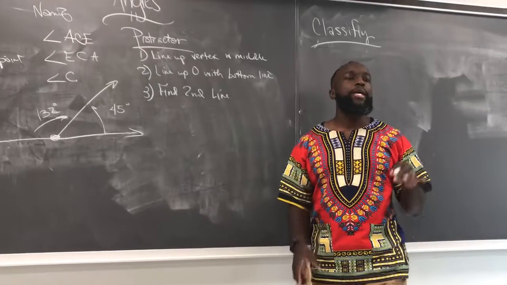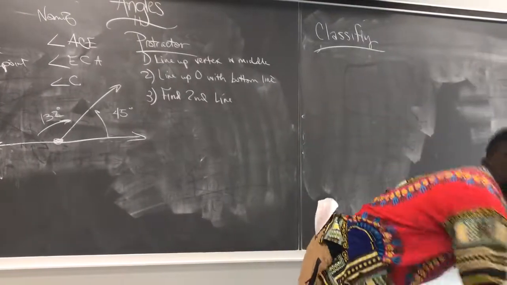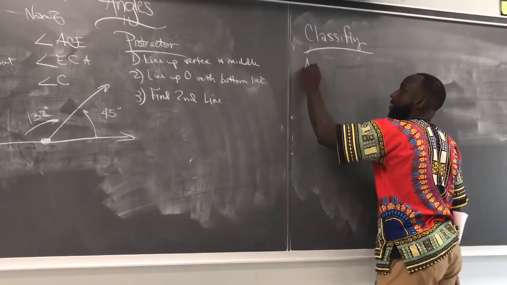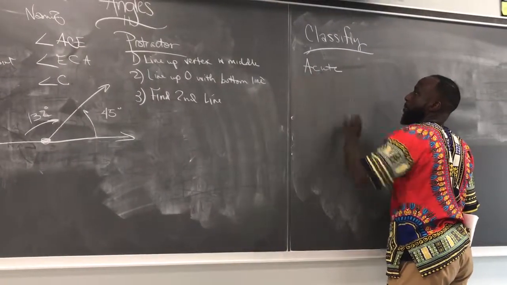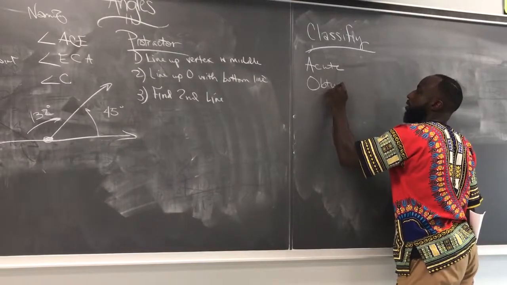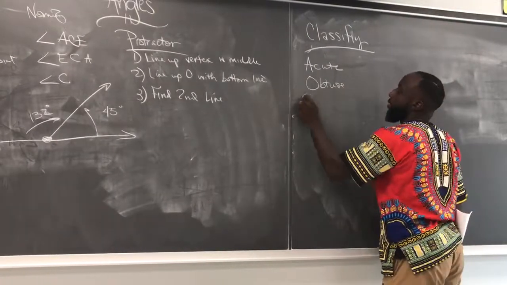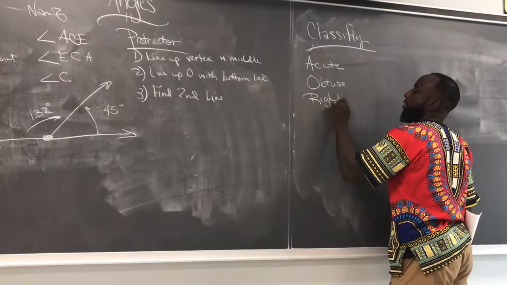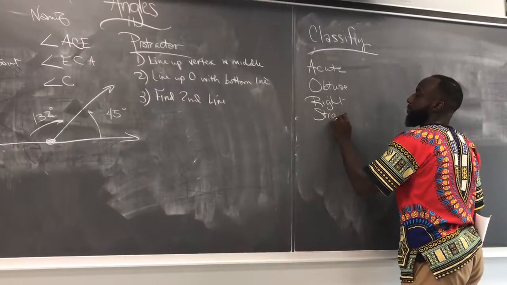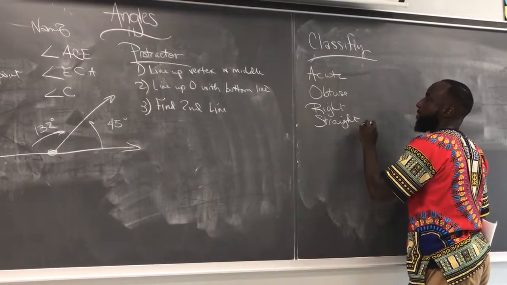We have 3 main types, well 4 technically. 4 main types of angles, right? We have acute angles. What's the next one? Obtuse. Very good. What's the next? Right. Then what? Very good. Straight. You have straight angles, right?